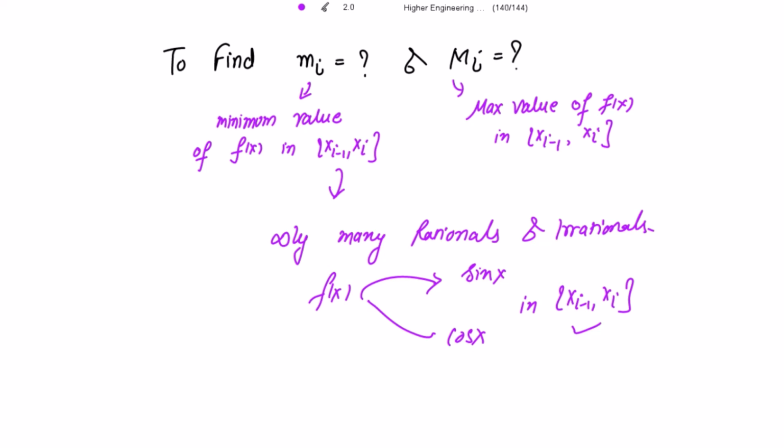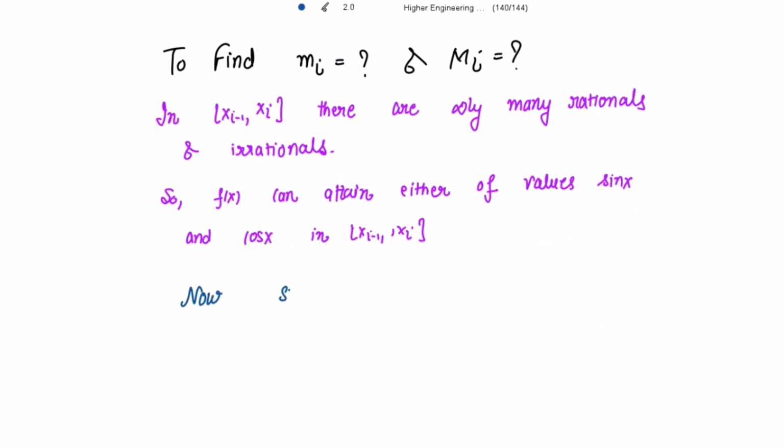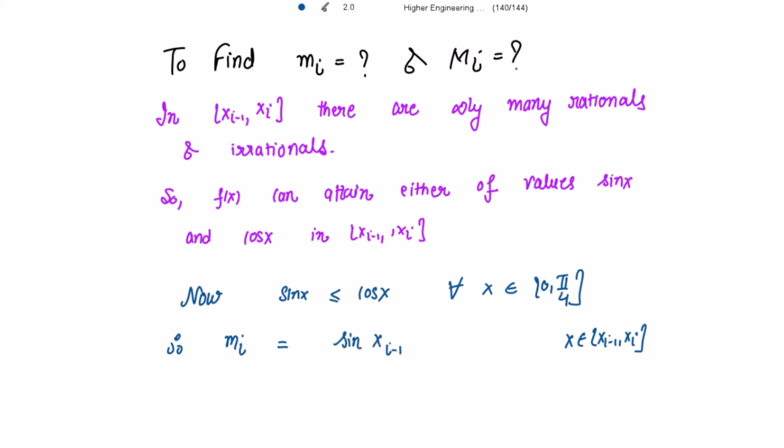So let's write this first. Sin x is less than or equal to cos x for all x belonging to the given interval 0 to pi by 4. Therefore, we take the greatest lower bound of f(x) in the closed interval [x(i minus 1), xi]. I take mi to be equal to sine of x(i minus 1) for x lying between x(i minus 1) and xi, since sine x is an increasing function.